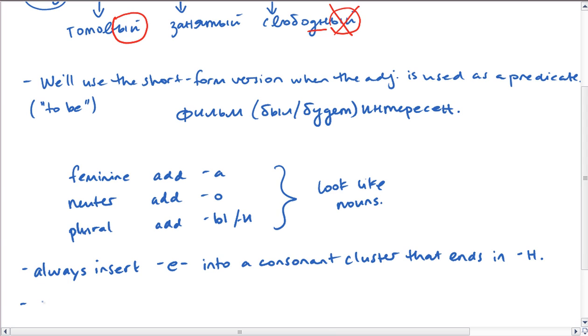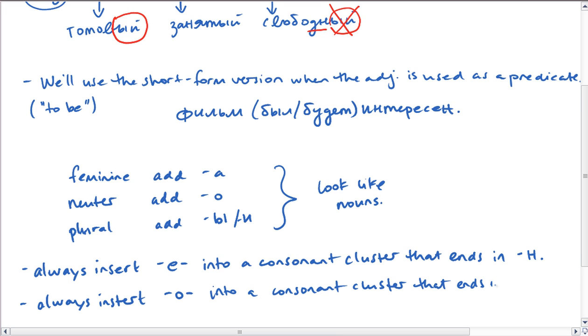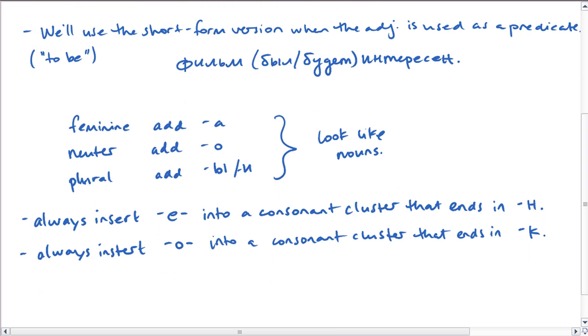And always insert о into a consonant cluster that ends in к. And that's just for the masculine form.